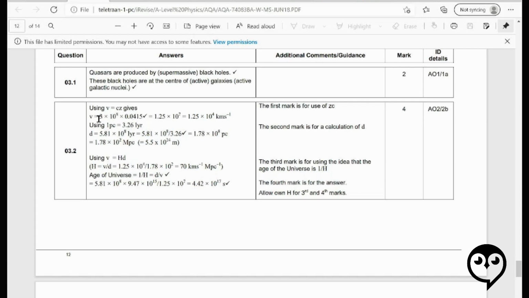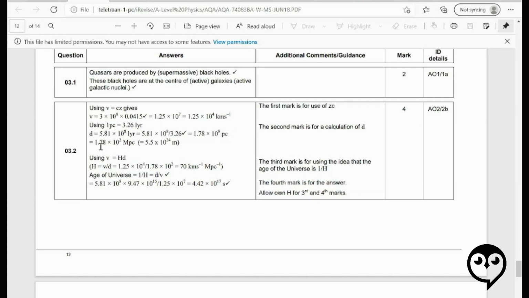They've got you calculating v separately. That's fine. They've got it in kilometers per second, and they've got a parsec as a certain number of light years, and they're taking this distance in light years and changing it into parsecs.